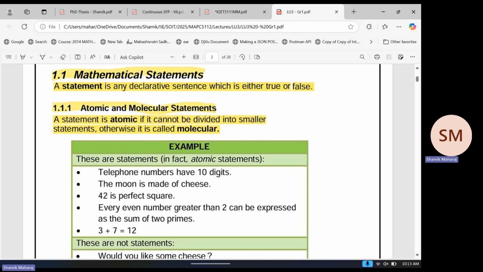So an atomic statement is just a single statement, like the sky is blue, the grass is green, things like this, right? A molecular statement is made up of atomic statements. For example, the sky is blue and the grass is green. That's molecular. I put two together, separated by an and. Okay, that's the basic idea. Atomic, molecular.